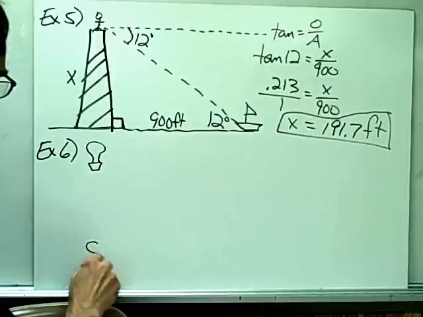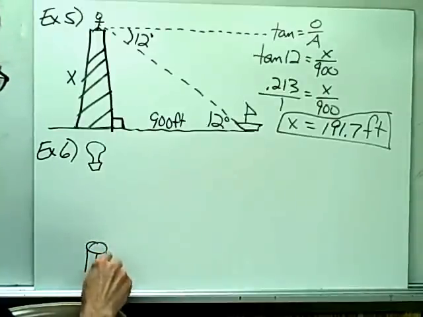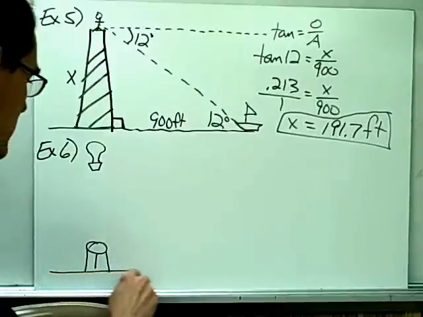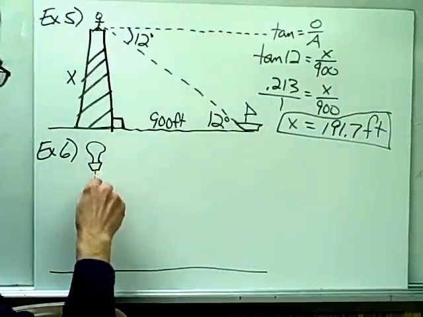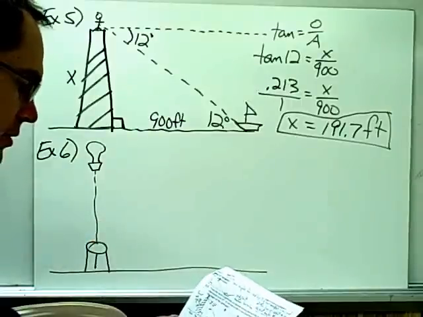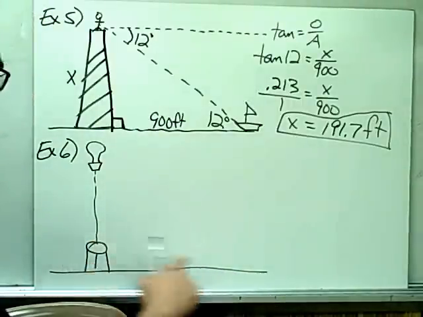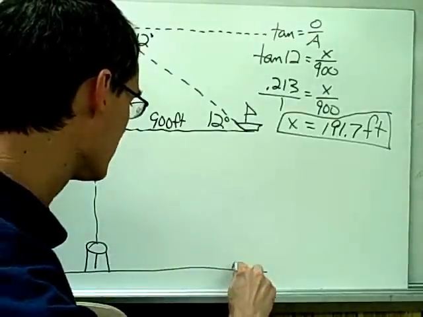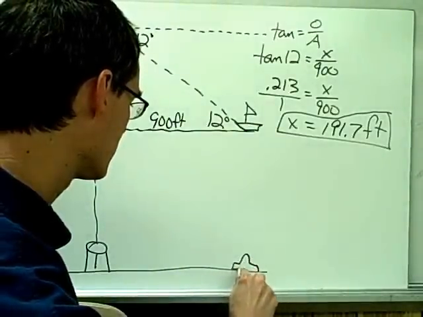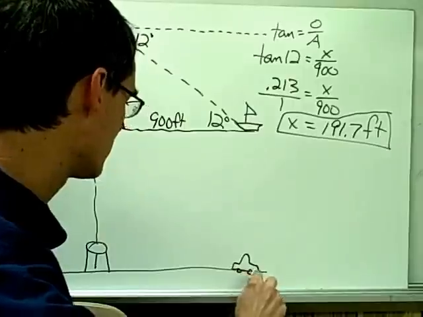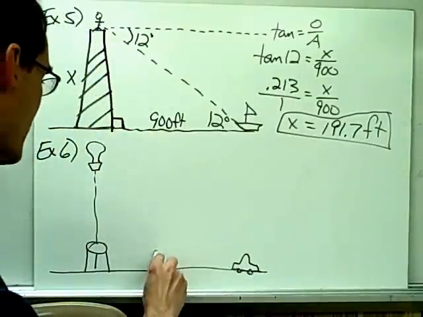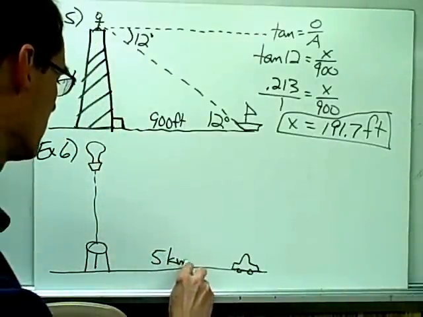Okay, let's see. A water tower down here. And here's the ground. So the balloon is directly over a water tower that is 5 kilometers from the car. So my water tower is 5 kilometers. Here's my car over here. And my water tower is 5 kilometers from the car.